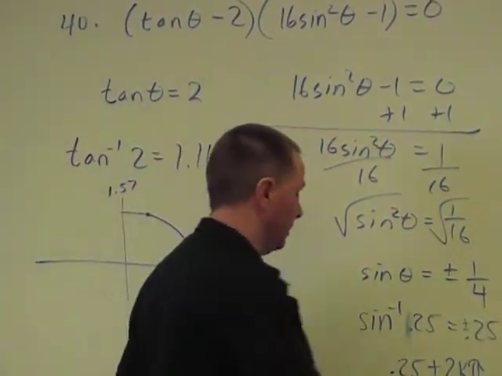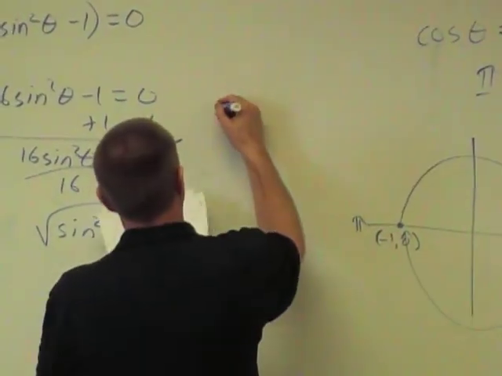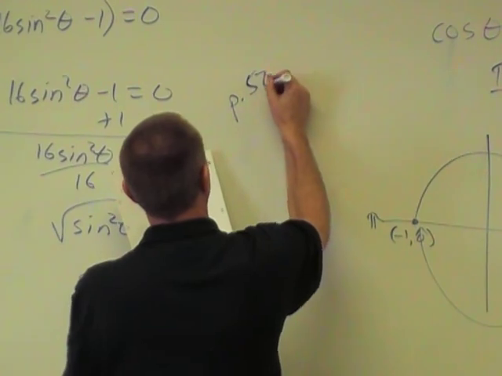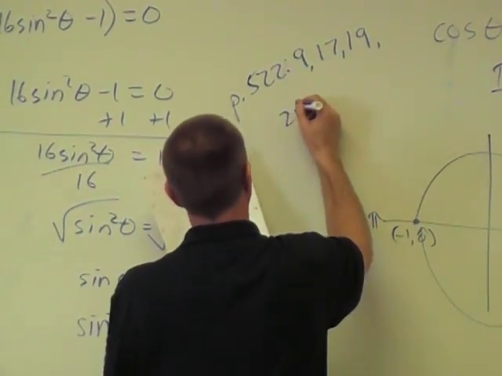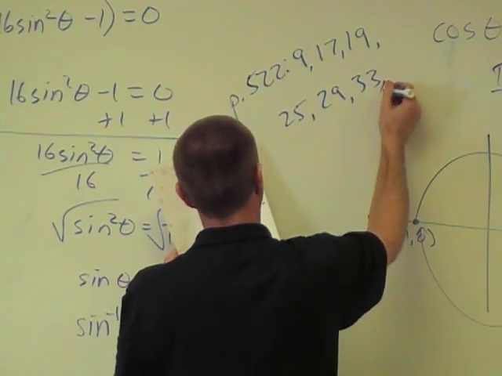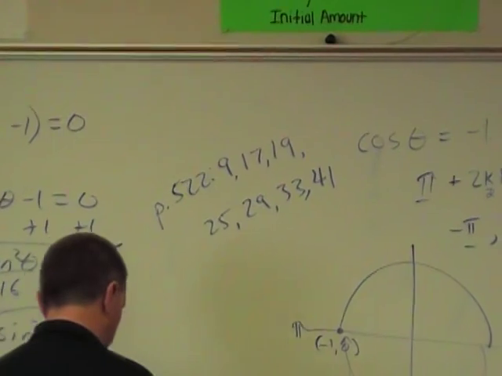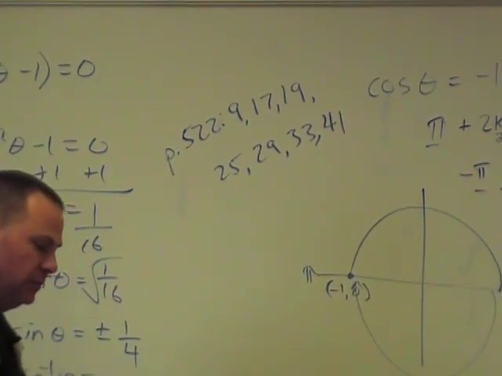So you're going to be given a trinomial, and you have to factor it. Page 522, 9, 17, 19, 25, 29, 33, and 41. All right, good.